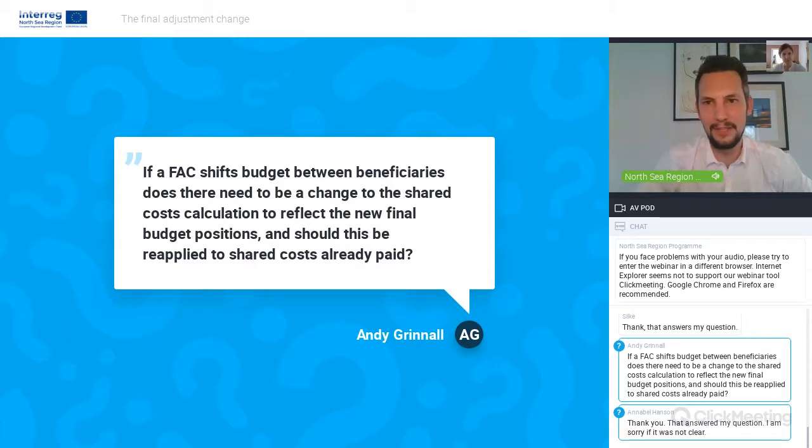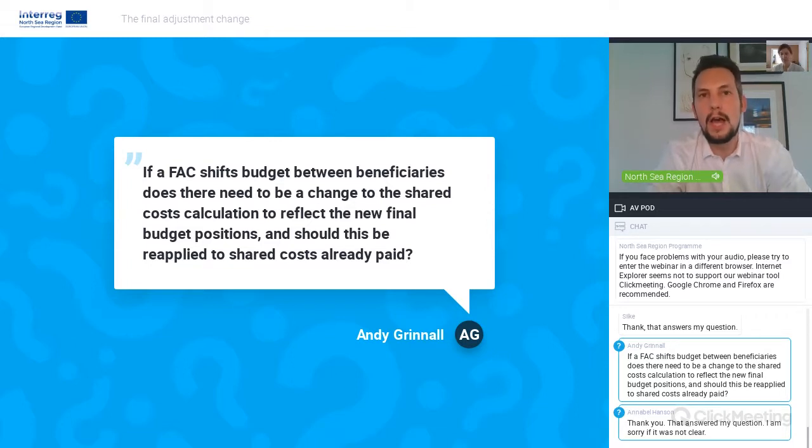That's a really good question, and I think Mika will jump on this one. In terms of shared cost, in this context, we are talking about your internal arrangements. So this is actually relatively easy for us to answer, and perhaps it creates more work for you, but it's something that you have to sort out internally. If you shift budget from one beneficiary to another, does this have any influence on your shared cost arrangements?